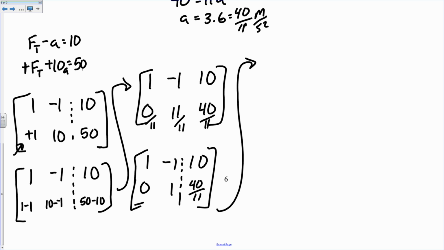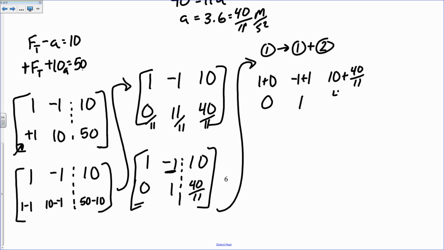And now I'm going to get rid of this -1 by replacing row 1 with row 1 plus row 2. So that's going to be 1 plus 0, -1 plus 1, and 10 plus 40 over 11. And then I have 0, 1, 40 over 11.